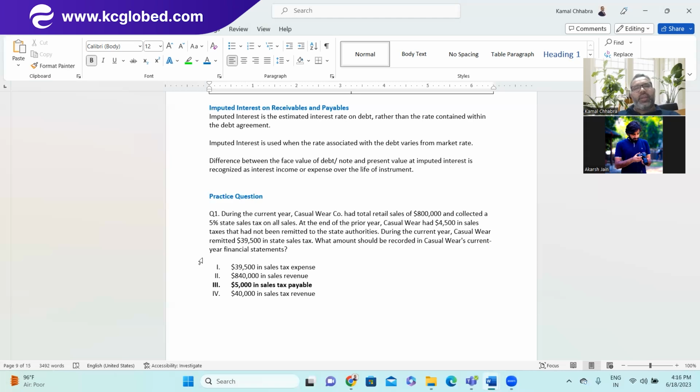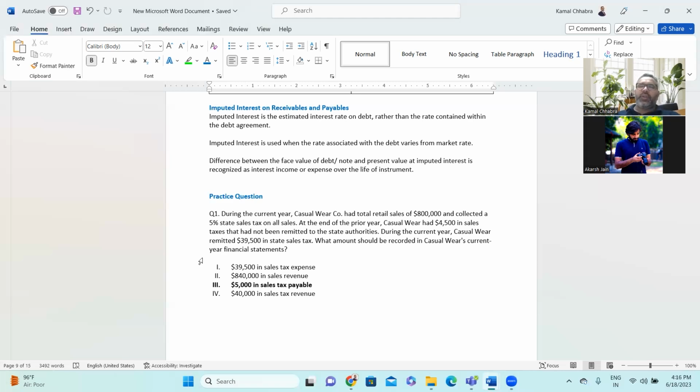For example, if you have issued a 10% debenture of 100,000 each, this is a 5-year debenture issued at 10% interest rate, whereas you can take the same amount as an unsecured loan for 5 years at 7% interest rate.